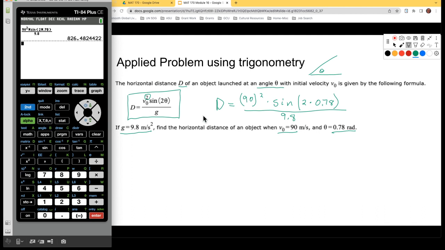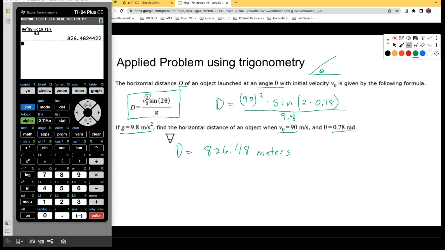So it's telling us that the distance traveled was 826.48, and that's going to be meters, because that's the units we're using, meters per second. Gravity is being measured in meters. So that's how we can use trigonometry to actually apply to problems.